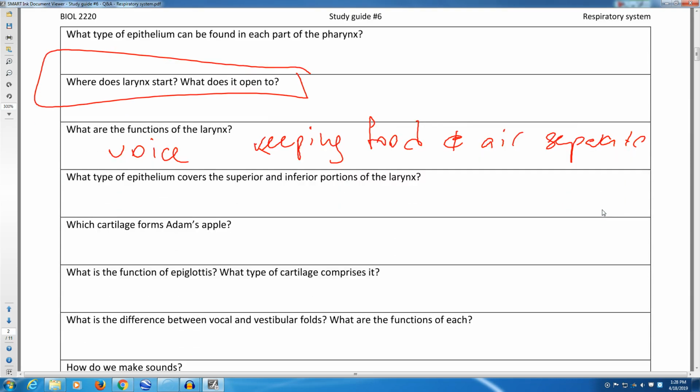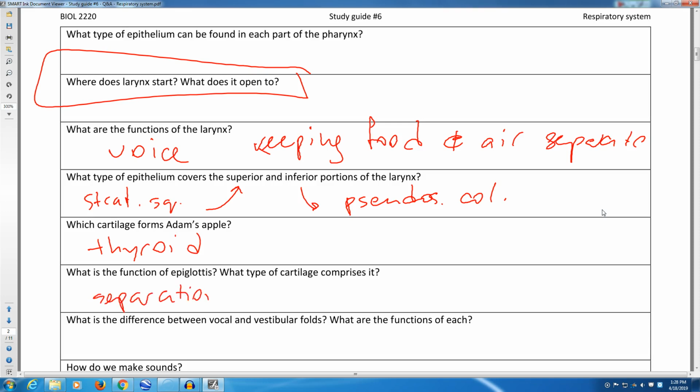Superior and inferior portions of the larynx. Superior is stratified squamous. Inferior is pseudostratified columnar. Thyroid cartilage forms the Adam's apple. The function of the epiglottis is separation of food and air.